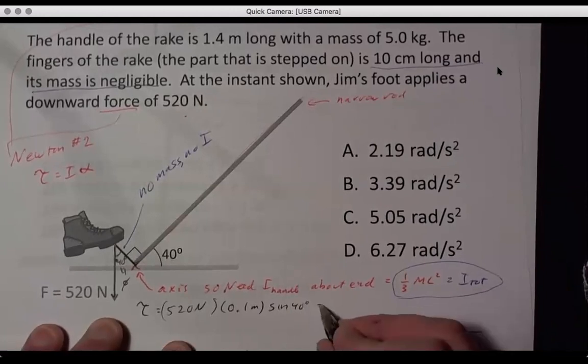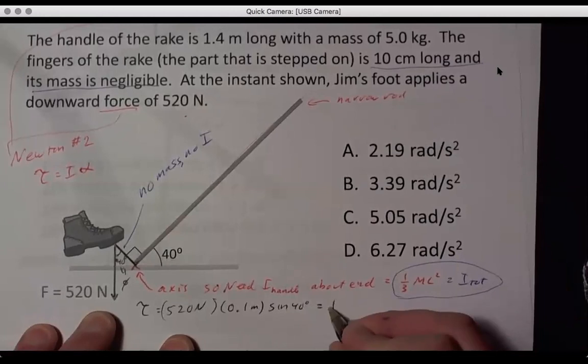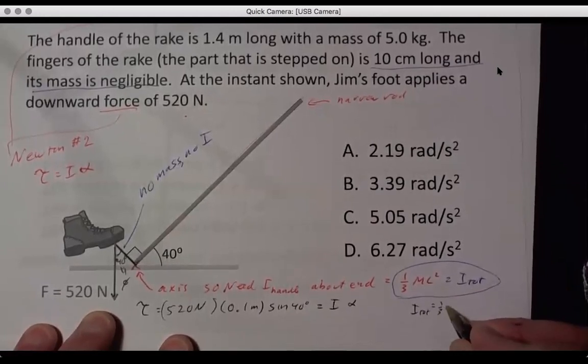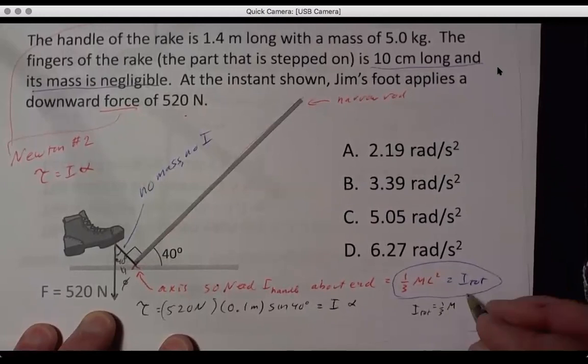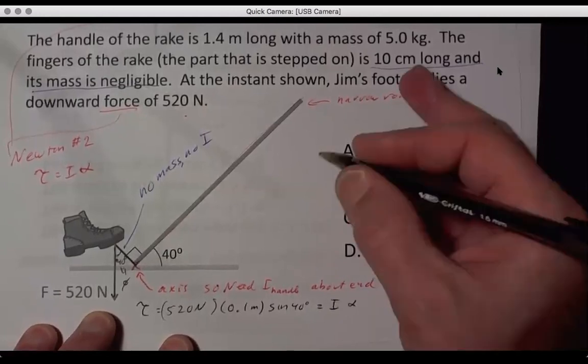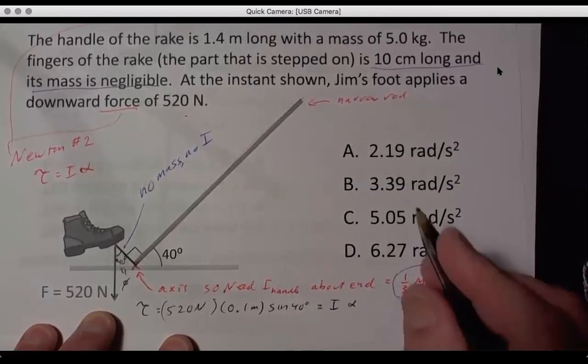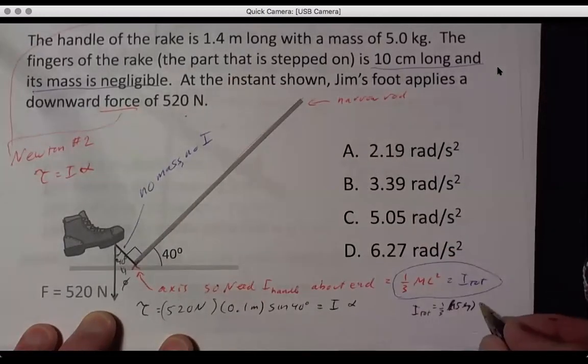And that's going to be equal to I alpha. I, we better calculate, I total is equal to 1/3 m. Well, let's put in m, 5 kilograms and 1.4 meters squared.